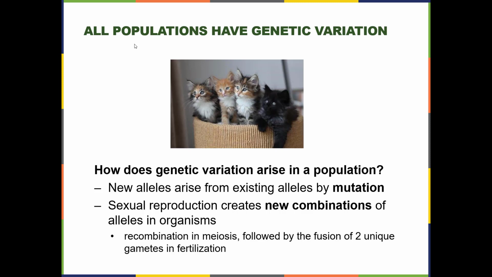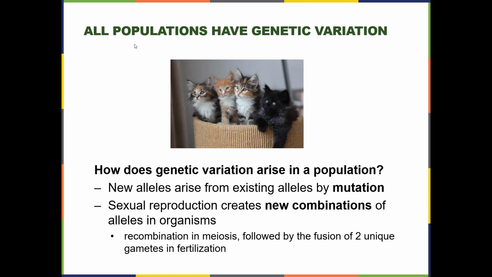Too much can be negative, but the right amount. All right, so genetic variation arises when new alleles are created from existing alleles by the mutation of the allele. So as soon as that T is changed to an A, that's a new allele.